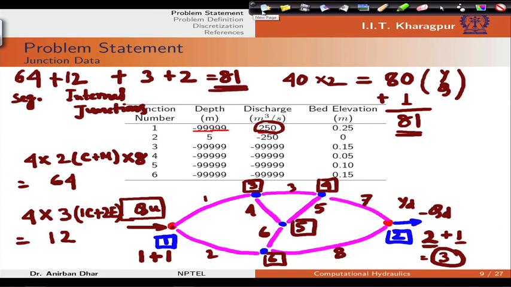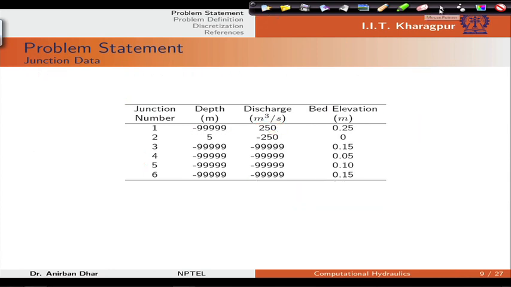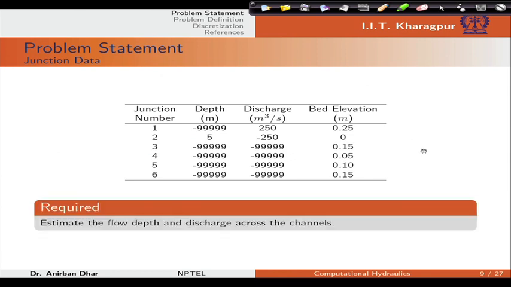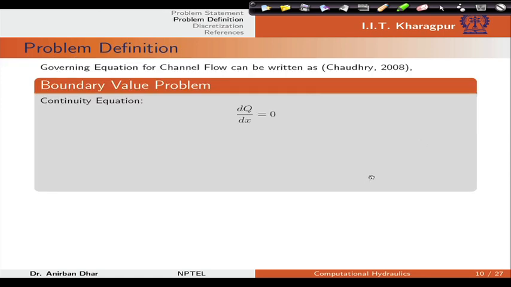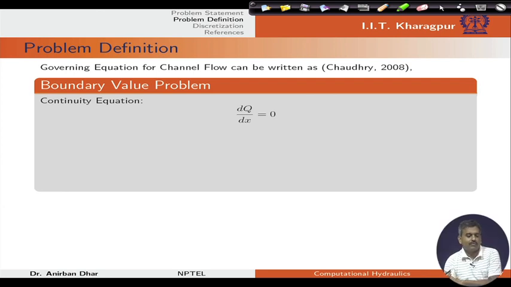Now, if we see this last column, these are bed elevations for different junctions. What is required? We need to estimate the flow depth and discharge across the channels. That was the problem statement.